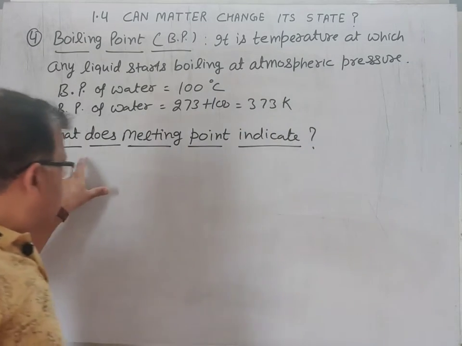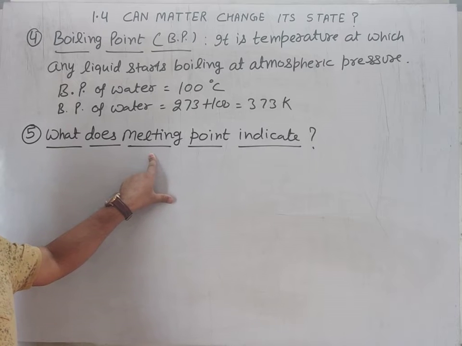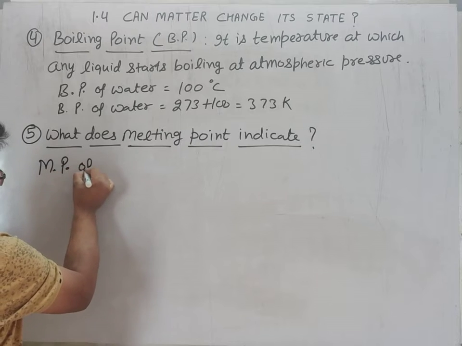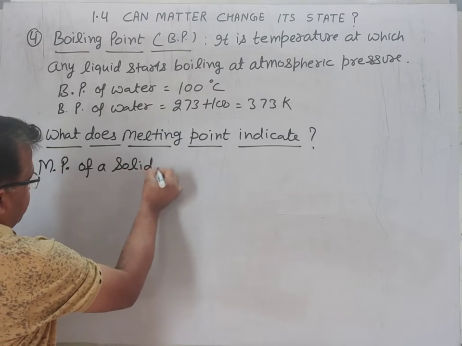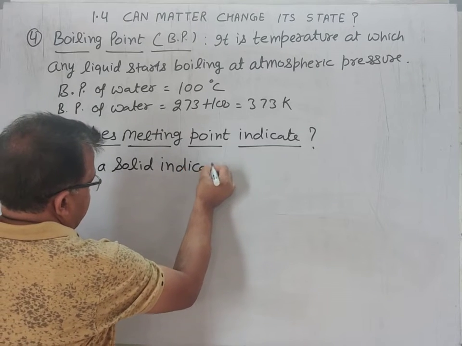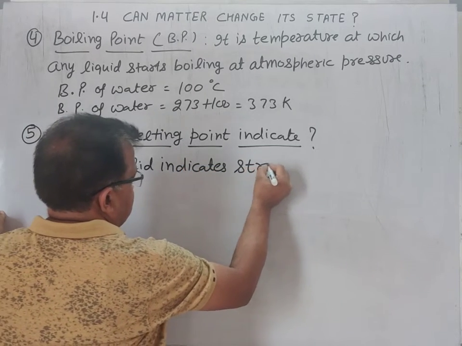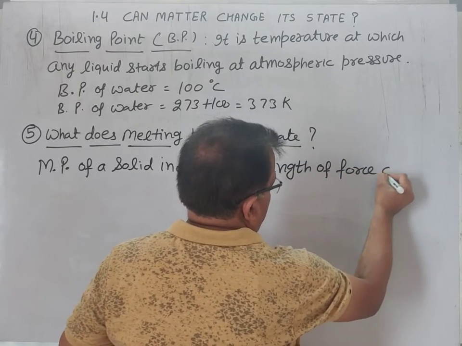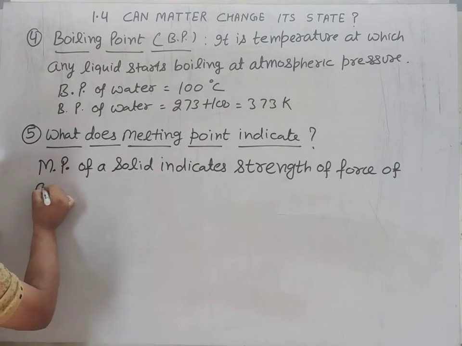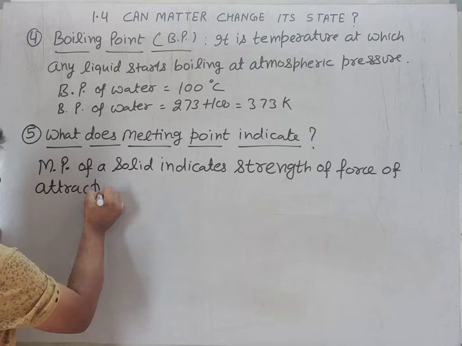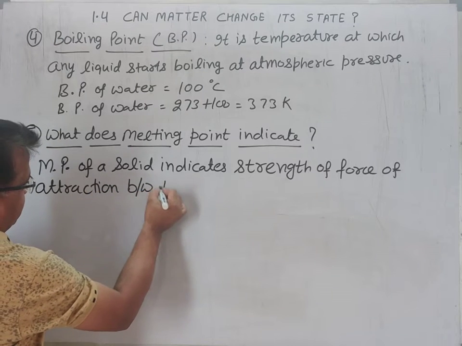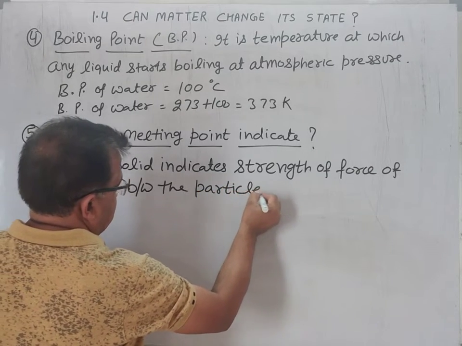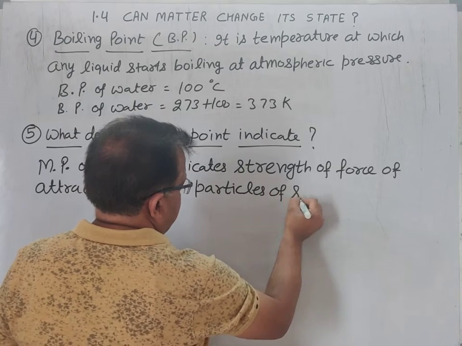So if we are discussing what does melting point indicate, we know solids melt. So melting point of a solid indicates strength of force of attraction between the particles of solid.